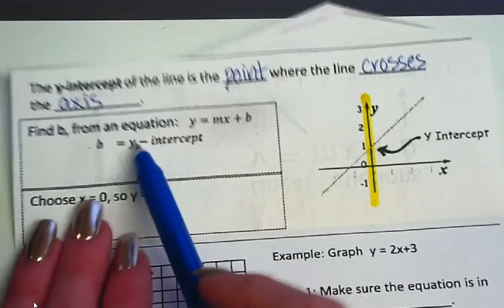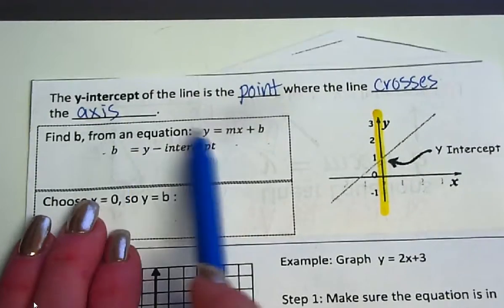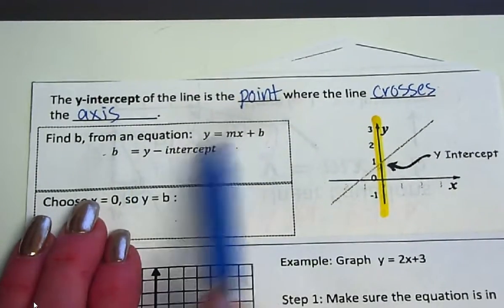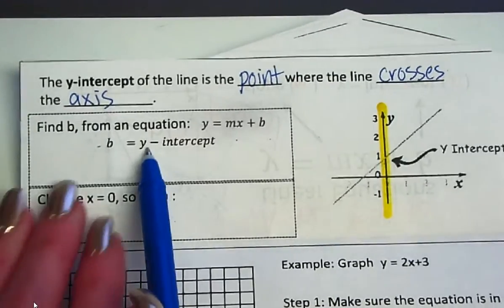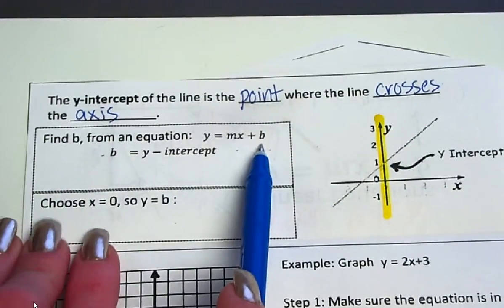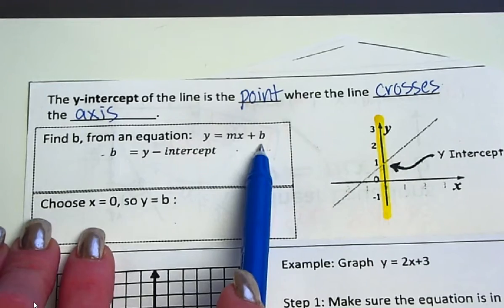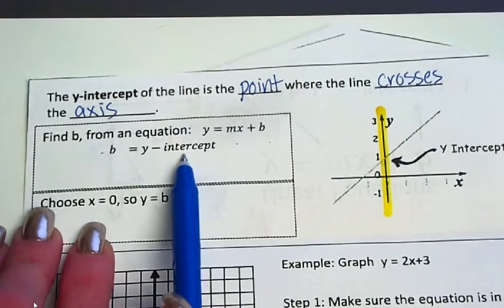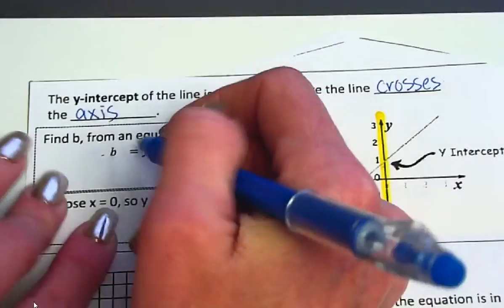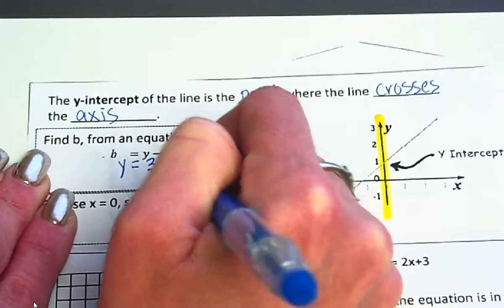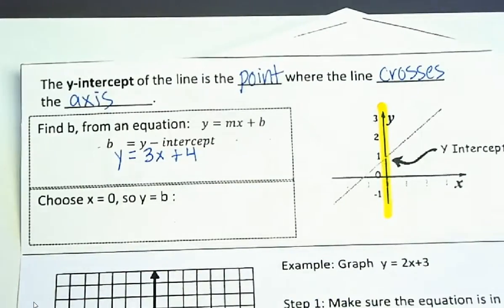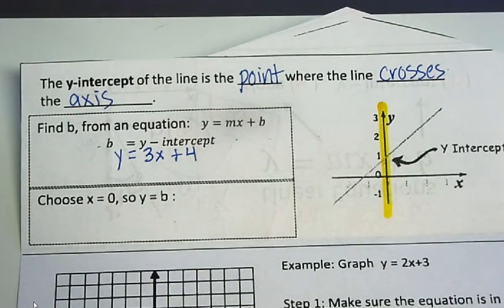Okay, so from an equation, if I'm given the equation y equals mx plus b, here's my equation. b is equal to the y-intercept. So all I do is I look at the equation, and whatever b is, that's your y-intercept. So if I have y equals 3x plus 4, what would be our value for b? 4.